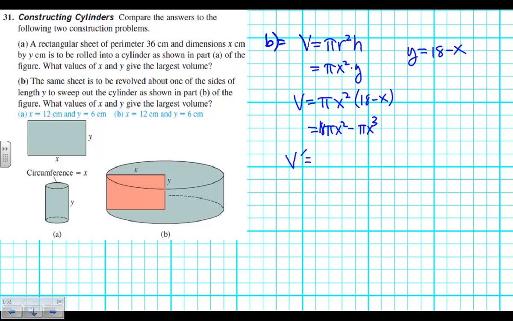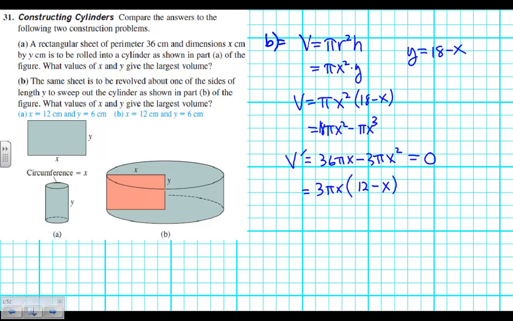And now we're ready for the derivative part of the show. V prime is 36 pi x minus 3 pi x squared, and I'm going to set that equal to 0. Factor out 3 pi x, and we're left with 12 minus x. Is that right?